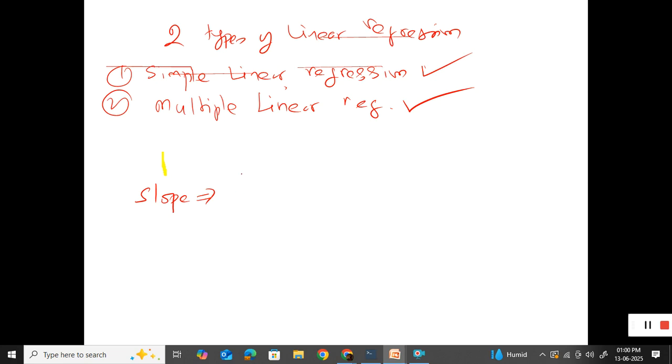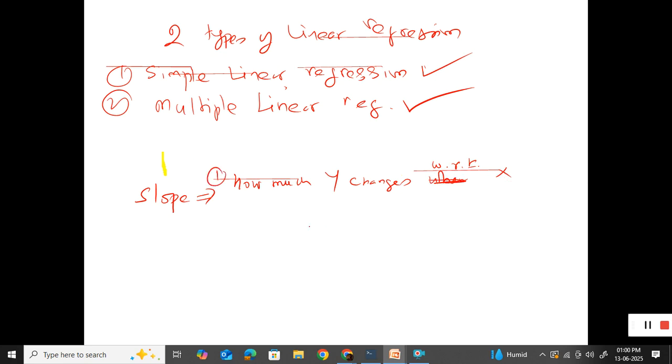The one is how much y changes with respect to x.